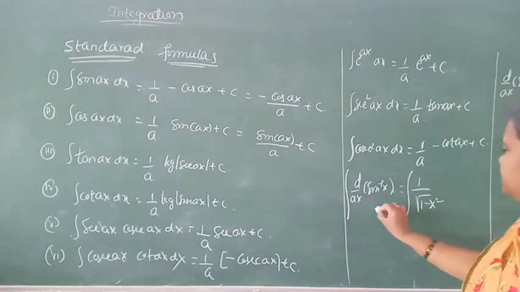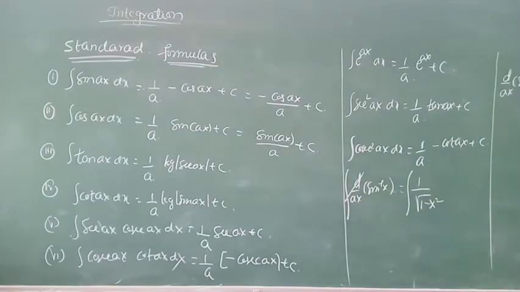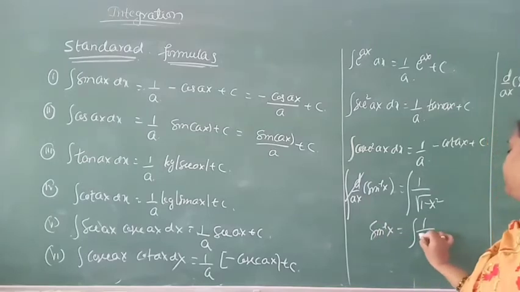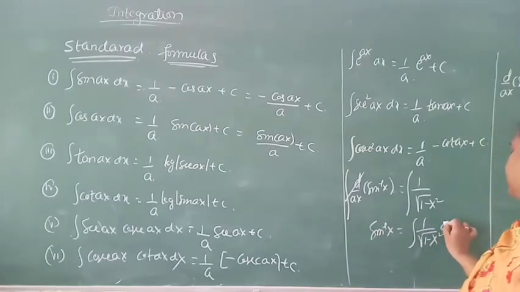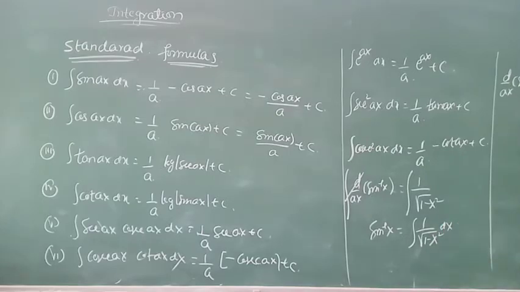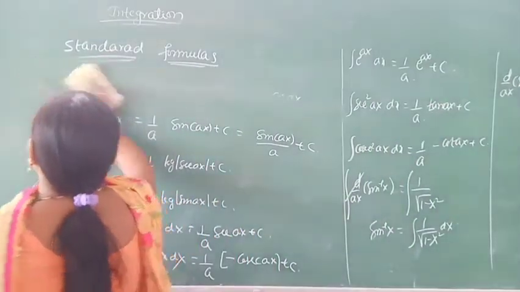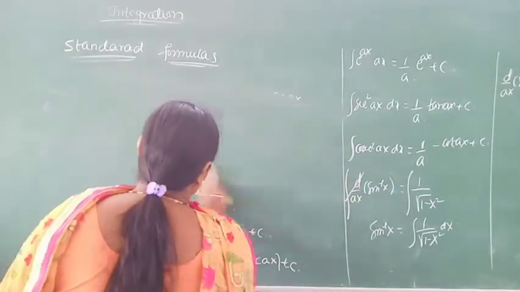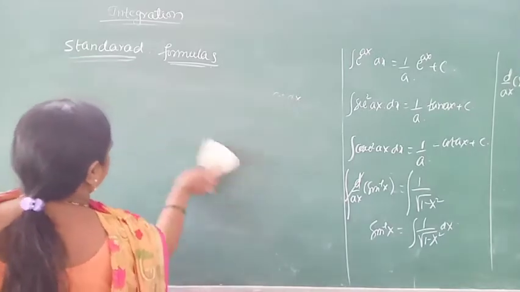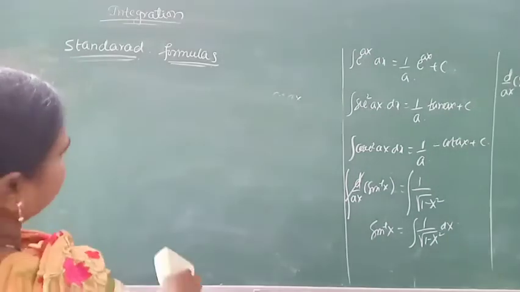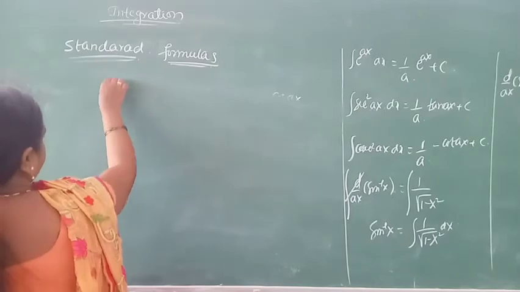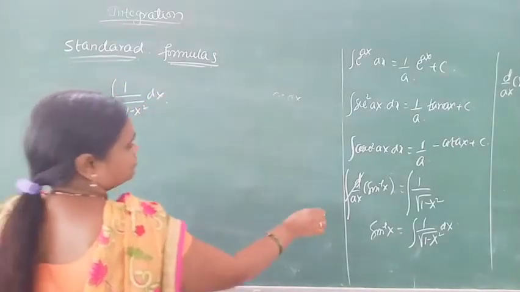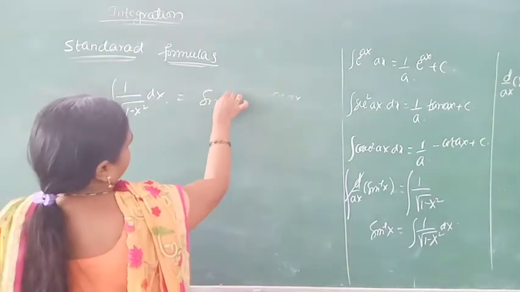Applying integration, differentiation gets cancelled. We will get sin inverse x is integration of 1 by root of 1 minus x square dx. Means we can write the formula in reverse form, that is integration of 1 by root of 1 minus x square dx is what? Sin inverse x.